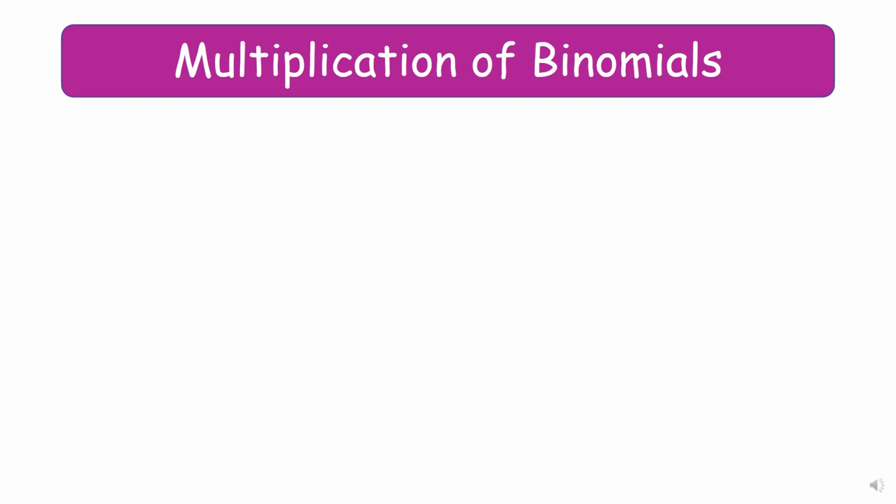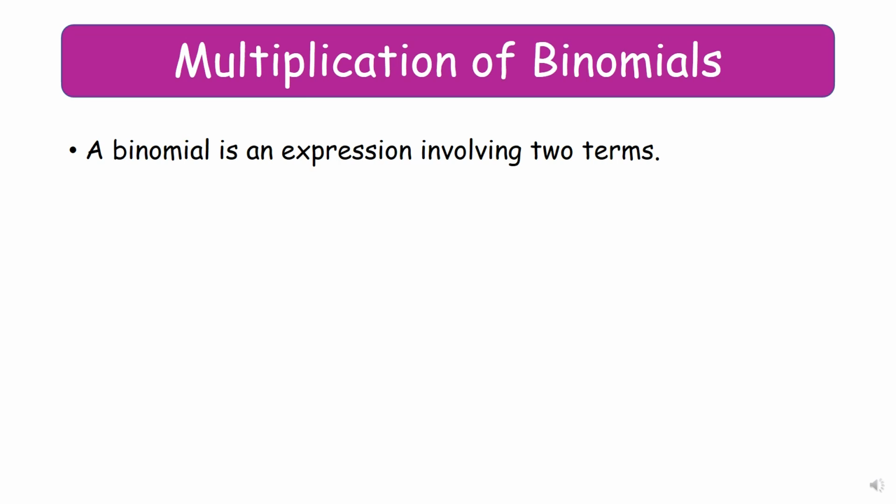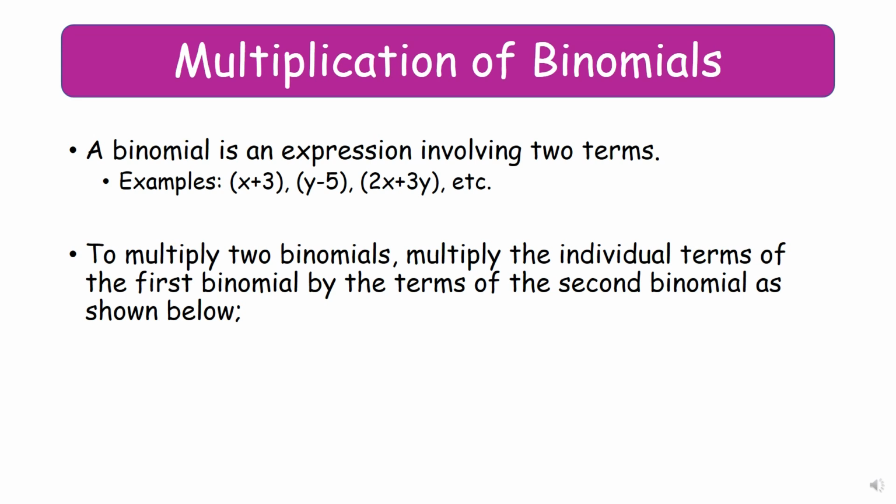We'll start by looking at the multiplication of binomials. A binomial is an expression involving two terms. Example, x plus 3, y minus 5, 2x plus 3y are all examples of binomials. To multiply two binomials, you simply multiply the individual terms of the first binomial by the terms of the second binomial, as shown below.